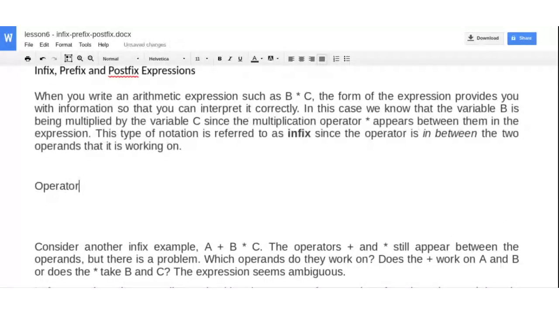And operators, of course, are many, but they include arithmetic operators. I'm sure you know about many other operators that we use, especially if you are doing programming or writing source code. But some of these are the arithmetic operators, the addition, subtraction, multiplication, etc. But we have other operators that we use.